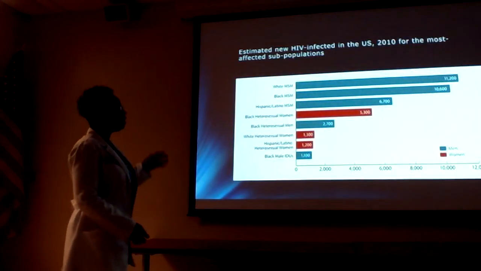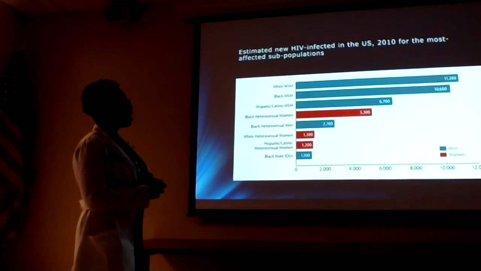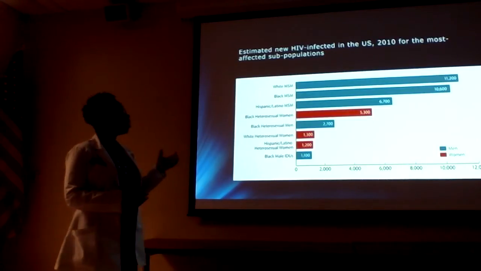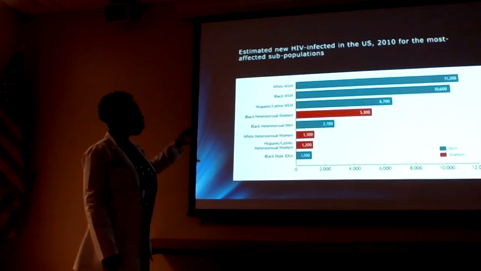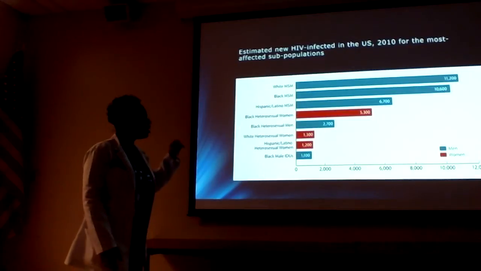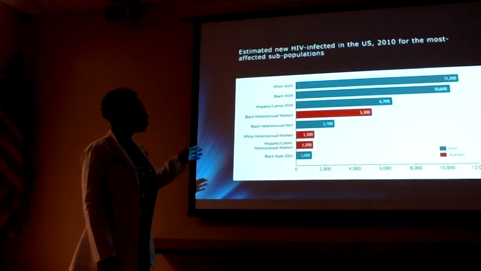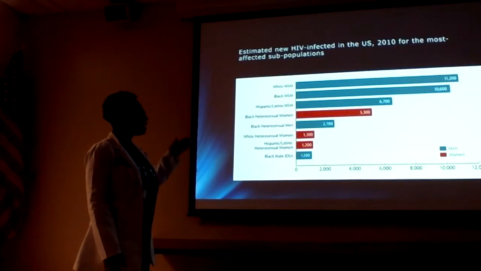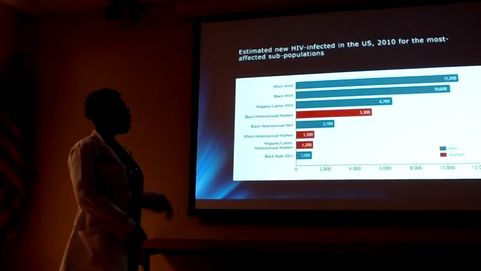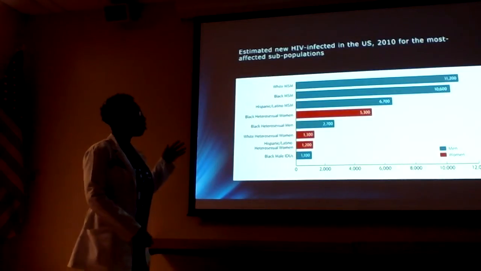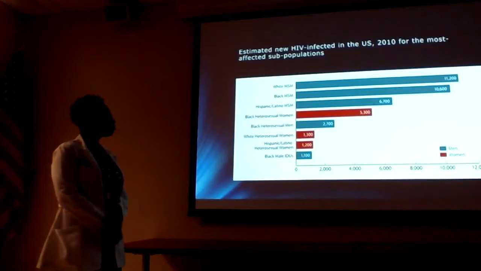The estimated new infections in the United States in 2010. This chart shows that white men having sex with men, 11,200. Black men having sex with men, 10,600. Hispanic and Latino men having sex with men, 6,700.